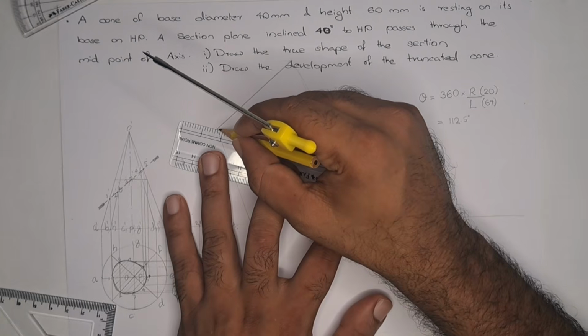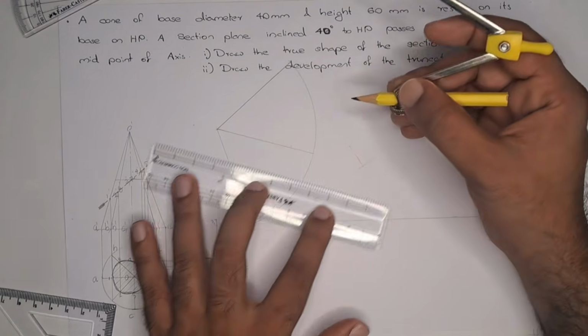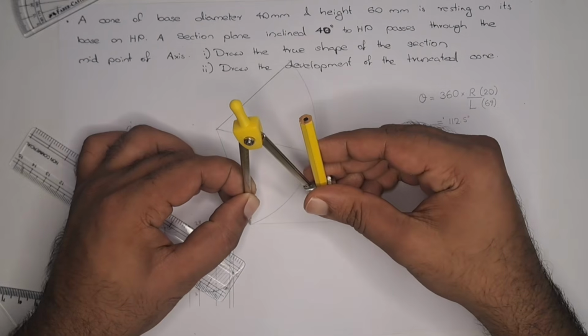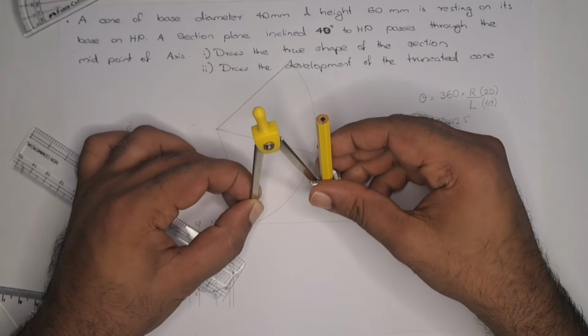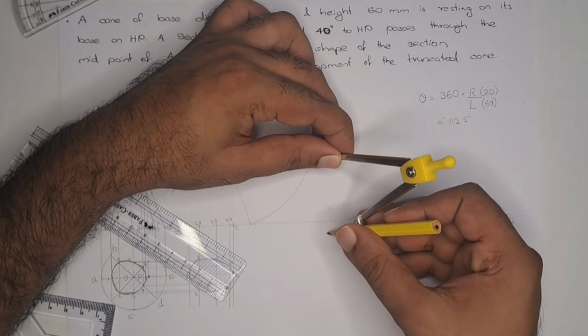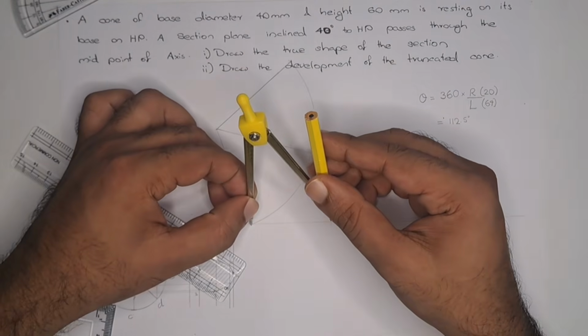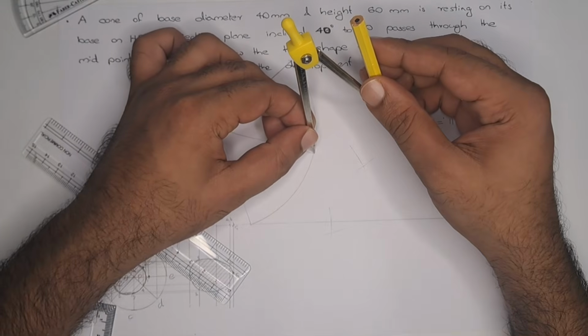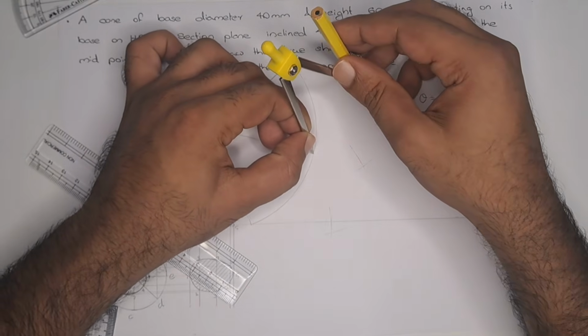The next we can repeat like this. We can draw an arc over here and we can close it here. Similar thing from here also.